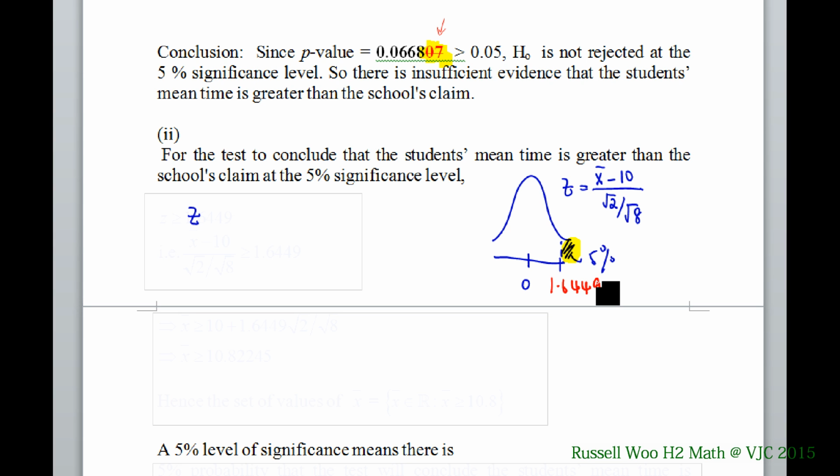In order to conclude that the mean is greater, your calculated Z value must fall in the rejection region, which is like that. So far, so good. It must fall inside the rejection region.